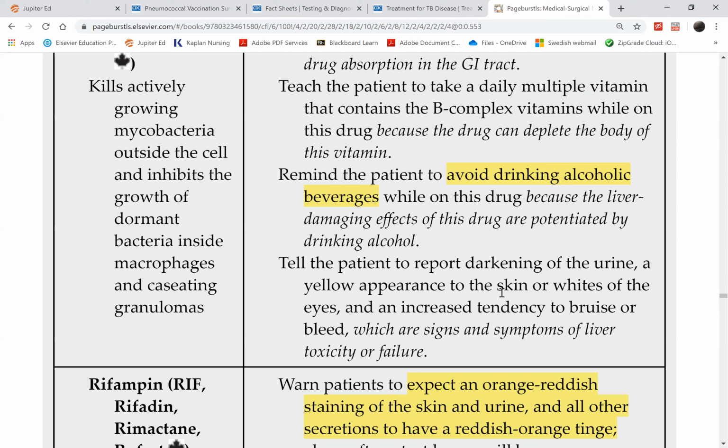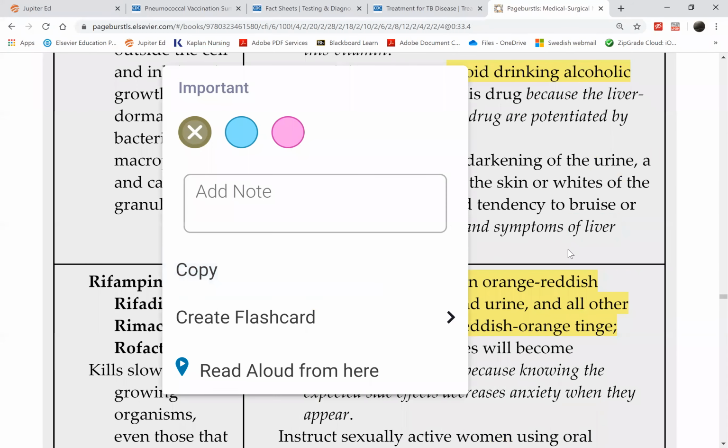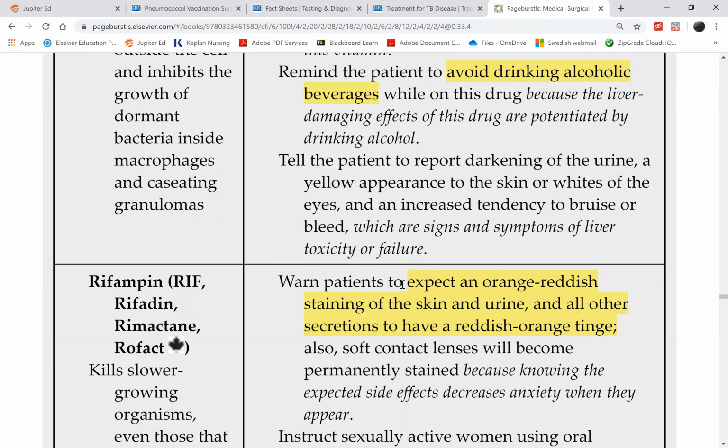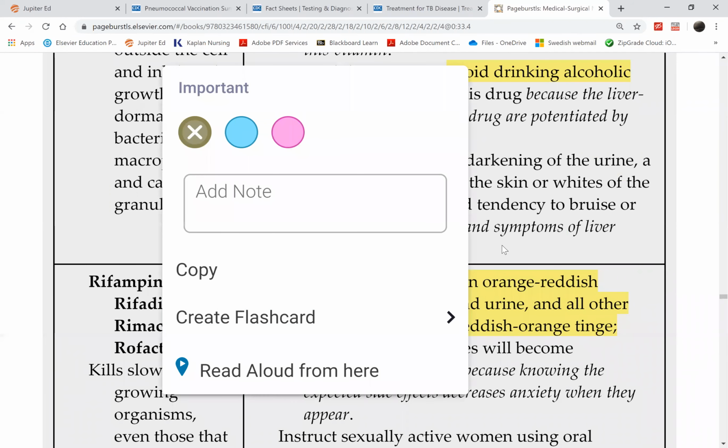This is, of course, evidence of liver toxicity. So again, darkening of the urine, you're supposed to tell the patient to report. This one is not reported, because this says here, you expect a reddish orange color of your body fluids, not just your urine, but tears also, and even your skin. Is that clear?